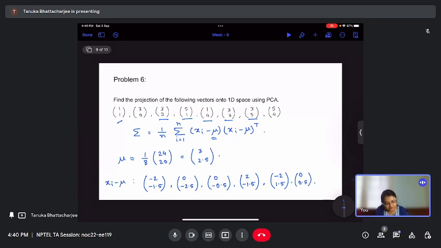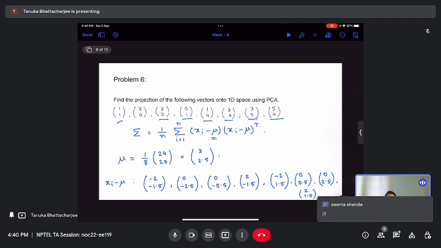Then (3, 5) again gives you 0 and 2.5. And the last example is (5, 4), which gives you 2 and 1.5. So these are your xi minus mu points.